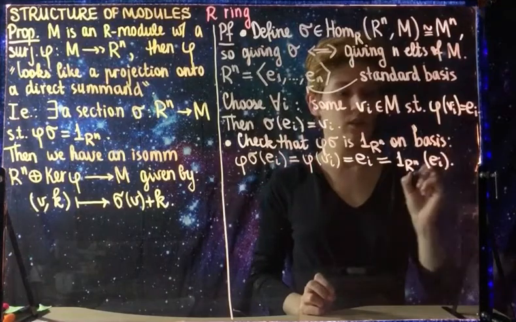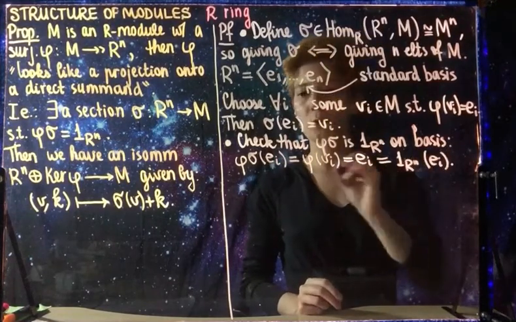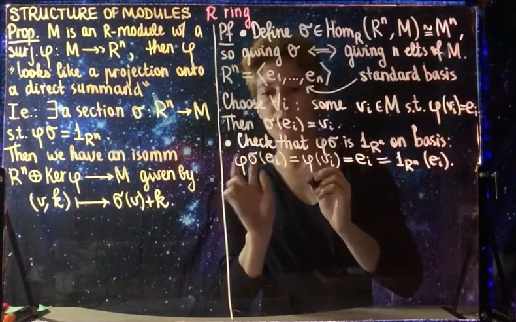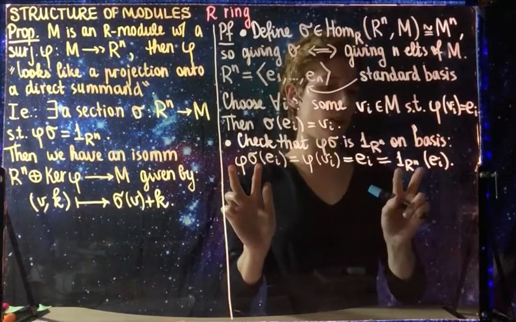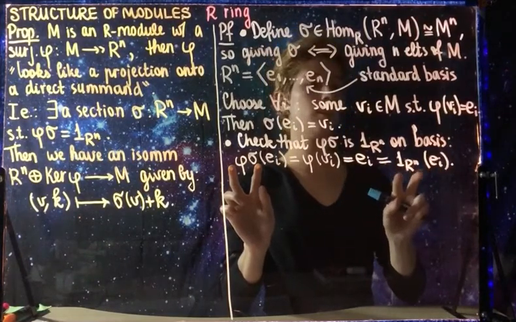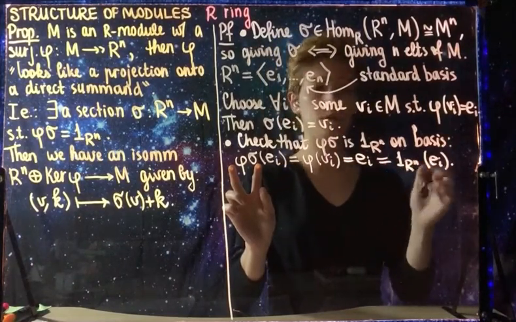And again, we proved that this homomorphism is equal to the identity homomorphism on basis vectors, and therefore it is just the identity homomorphism on the whole R^n.